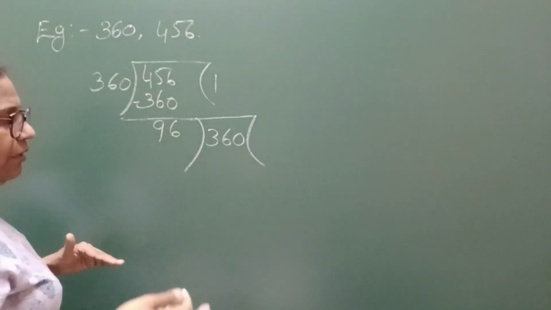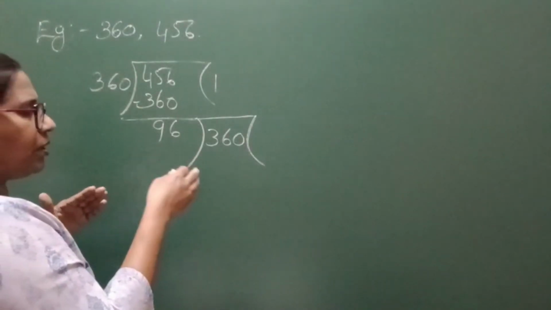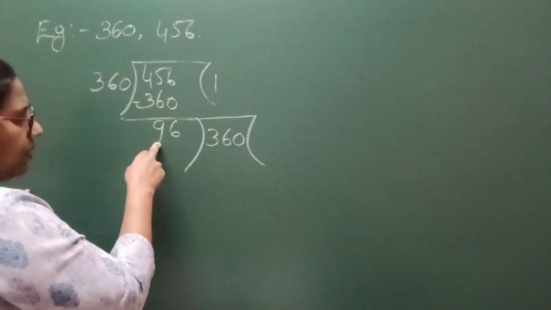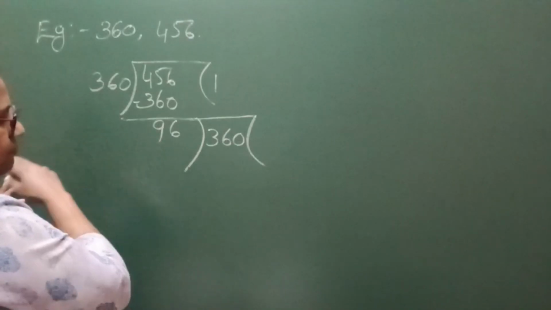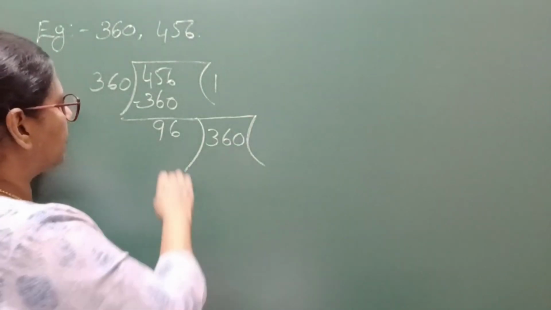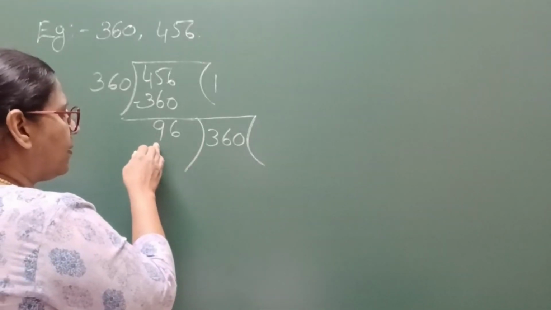If you don't know the table, a shortcut is to take one digit. There are two digits, this is ones and this is tens. In tens place which digit is there? That is 9.